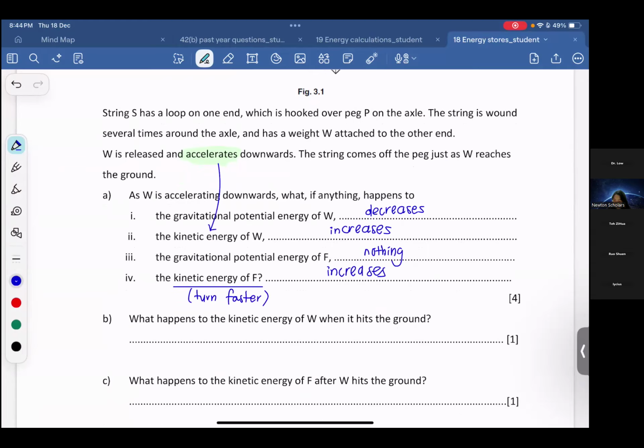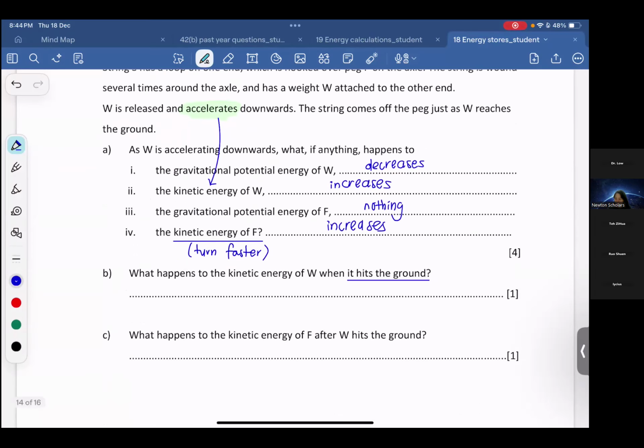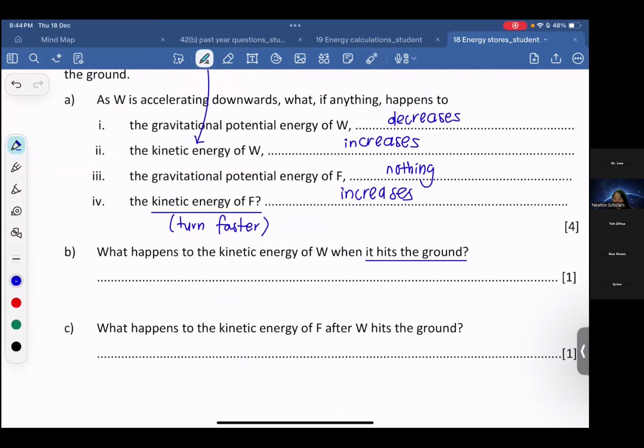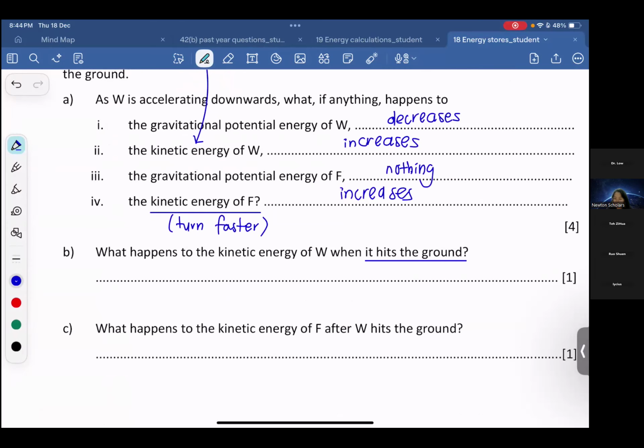What happened to the kinetic energy of W when it hit the ground? It already hit the ground. What happened to the kinetic energy? Any of you can tell me? Crystal: transfer to the thermal energy.